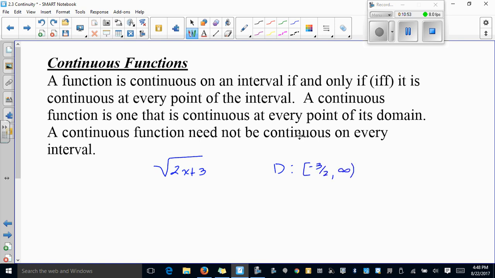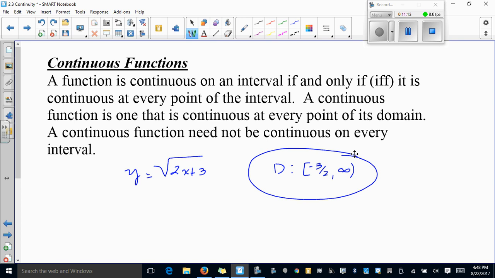A continuous function is one that is continuous at every point of its domain. There's its domain. This guy is a continuous function. There are no jumps in the domain. A continuous function need not be continuous on every interval. It's not continuous where it's not defined. So we had done that.